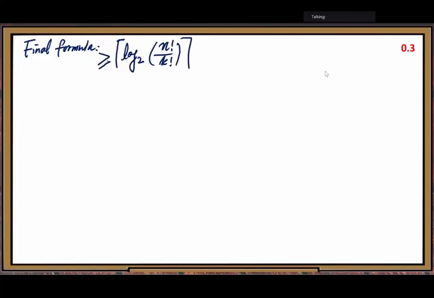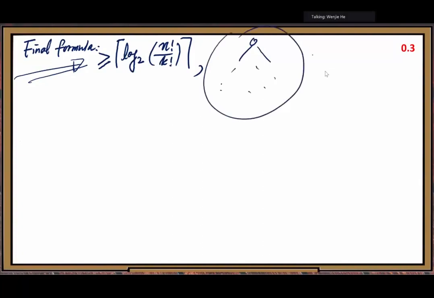So we use the same method. If some of you couldn't jump to this step this fast, let me recall the method we used last time. Our decision tree is a binary tree, right? It's a whole binary tree.